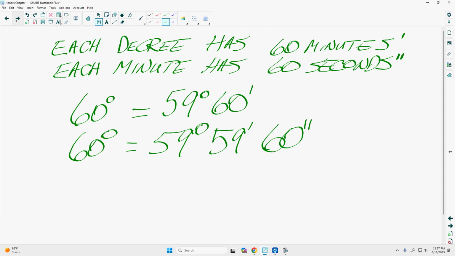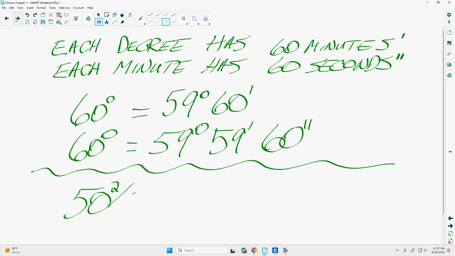So if I said change 50 and 2/5 degrees to degrees and minutes, could we do it? Let's find out. It's a fraction. Oh no, fractions scare me, right?